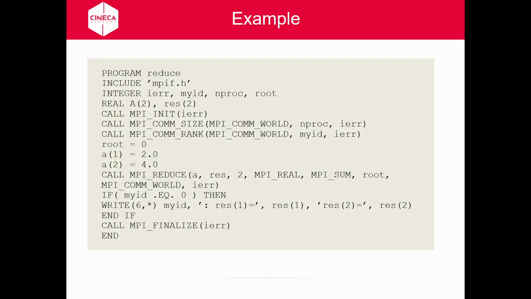So in this case, we have, as before, the header file, the declaration of variables, initialization, comm size and comm rank as usual, and in this case I have the input variable, the variable that contains the value, the variable that will contain the result, the number of elements of the input array, the data type of the input array, the operation that I have to perform.